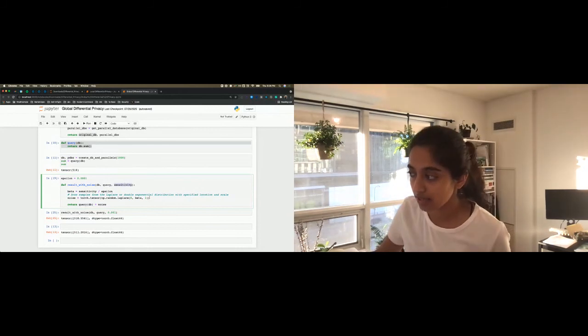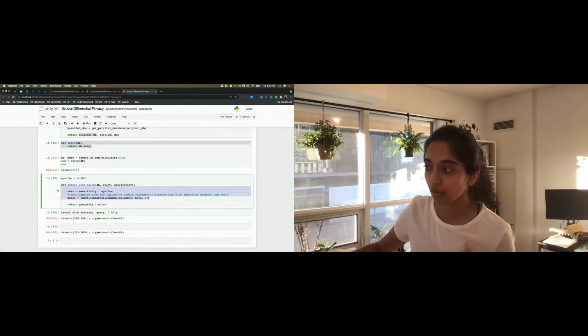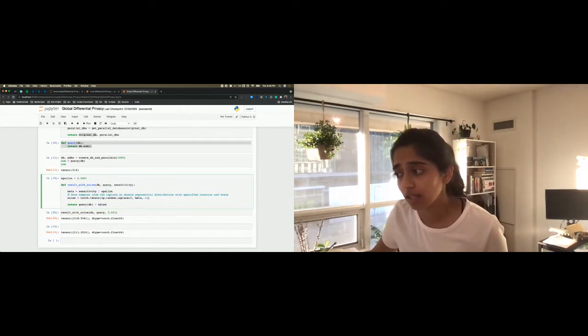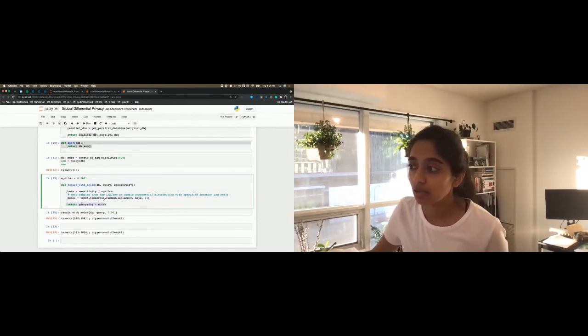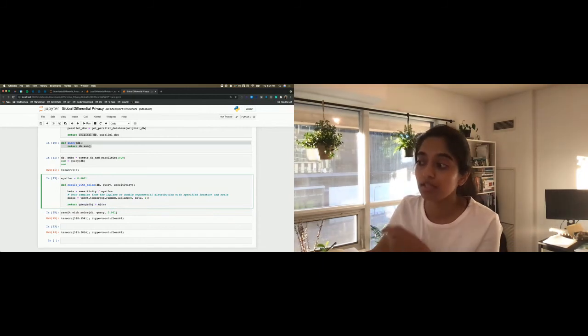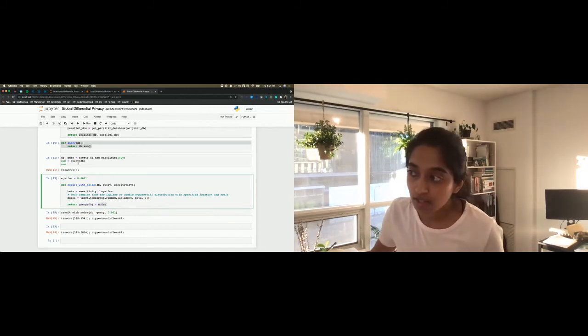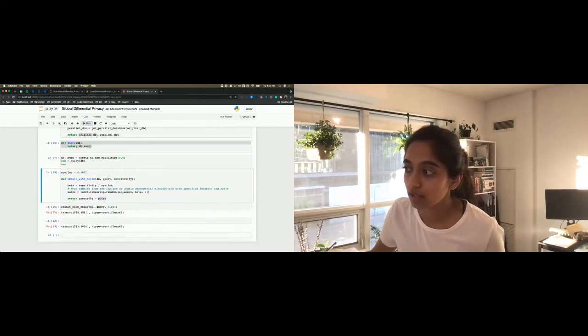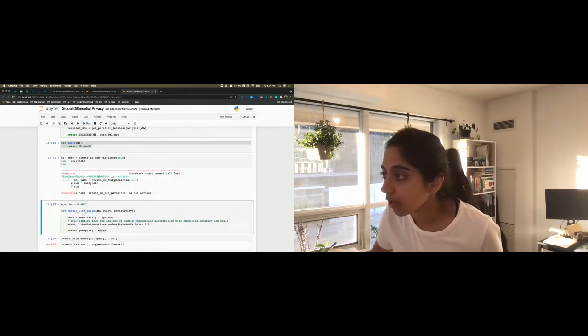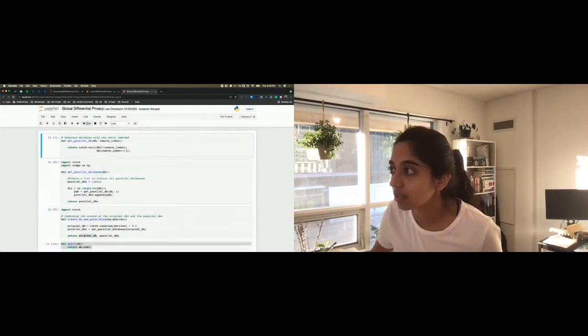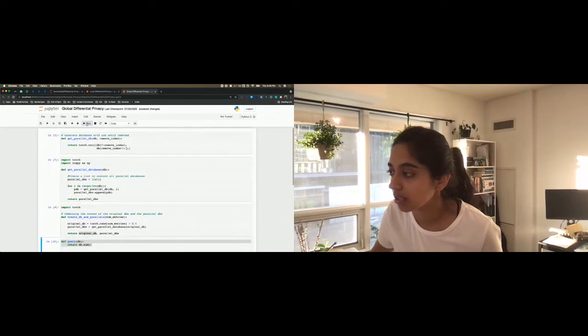You're taking that sensitivity and using it in a function to generate noise, and the result that you're returning is the actual query result plus the noise. So in this case, you see that the tensor is the... oh, hold on, let me run this from the beginning so that we actually see the results.